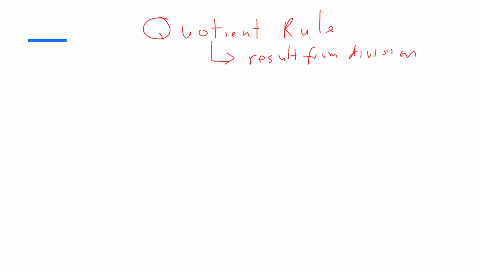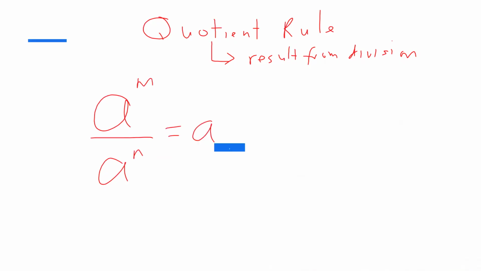This rule states that if you've got a non-zero a, a to the power m divided by a to the power n equals a to the power m minus n. So anytime you're dividing exponents with the same base, you have to subtract the powers, m minus n.